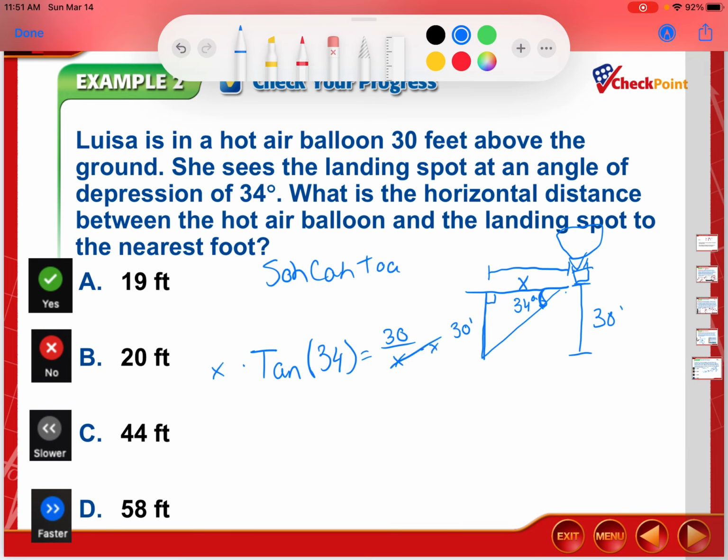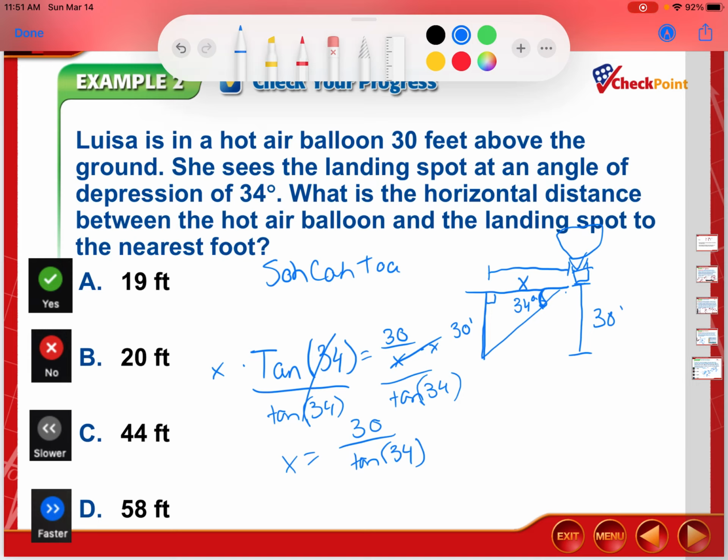Now we're going to solve this the exact same way as we did the last one, times x on both sides, divide by tangent of 34 on both sides, which of course leaves us with x equals 30 divided by tan 34.